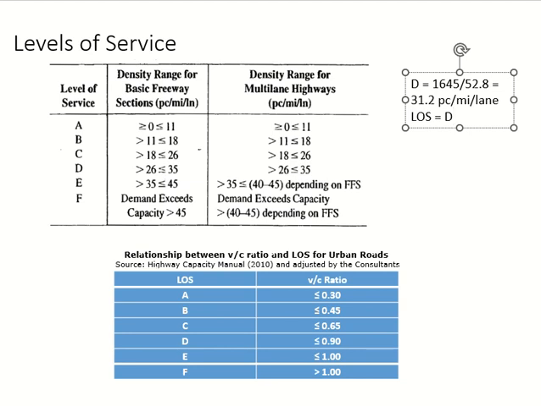If I give you D, so good or bad? Bad. So how is this possible that you are going at maximum speed, but your level of service is so low?